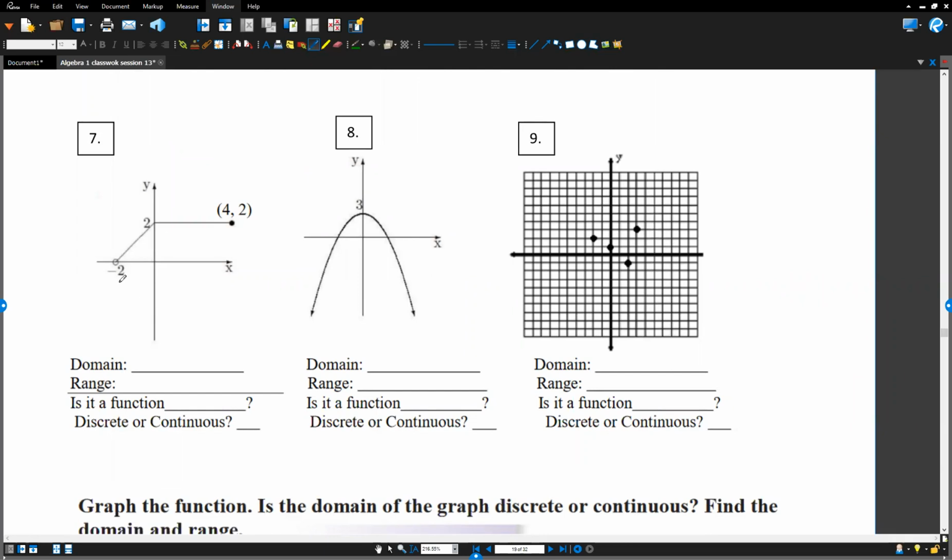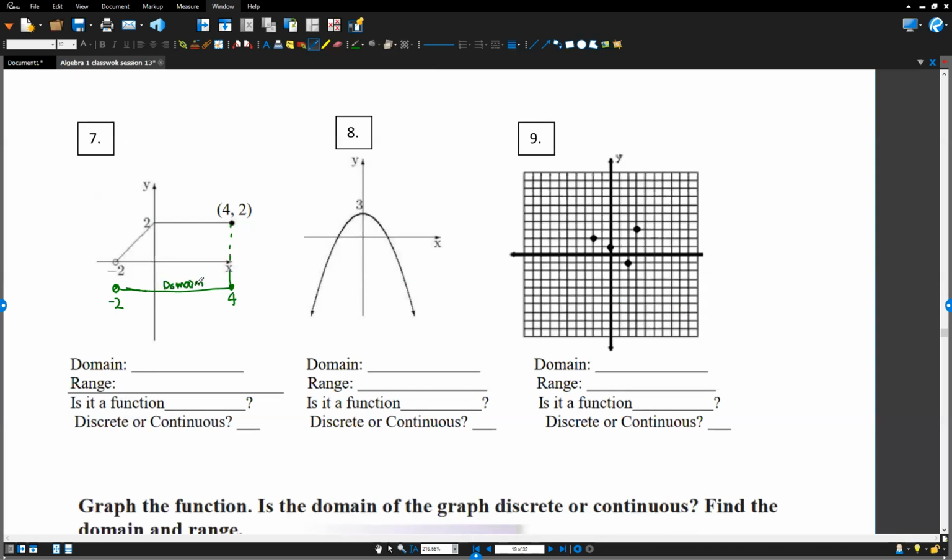Where is the domain? The value of x is what? Start from here, not including, all the way up to here, 4, right? Included. That is the value of x. We start from -2 to 4. That is the domain.